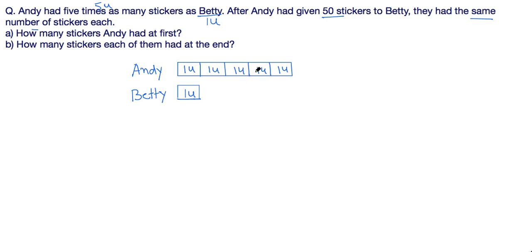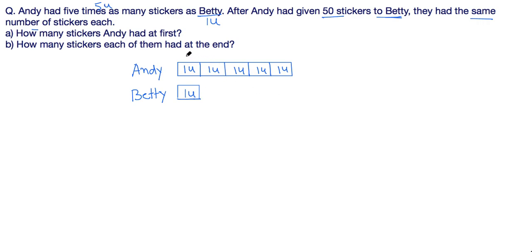Now the thing is, at the end they are becoming the same, right? It's written here, after Andy had given 50 stickers to Betty, at the end they had the same number of stickers, right? So that means, what do you think? See here, the difference between the number of stickers of Andy and Betty is how many units?